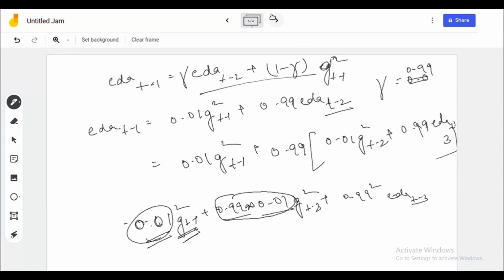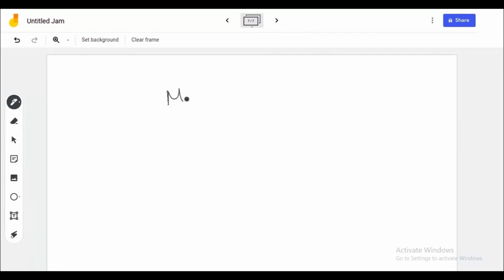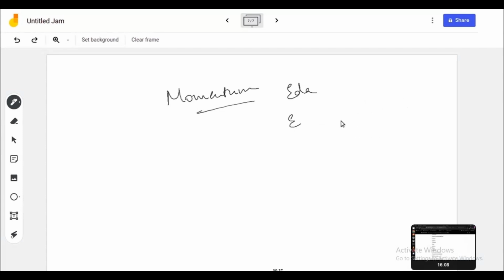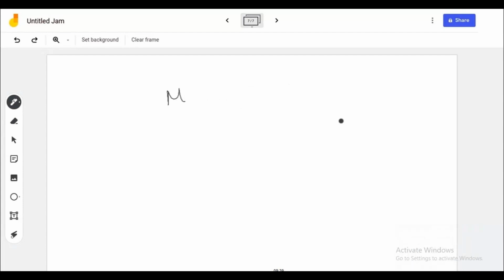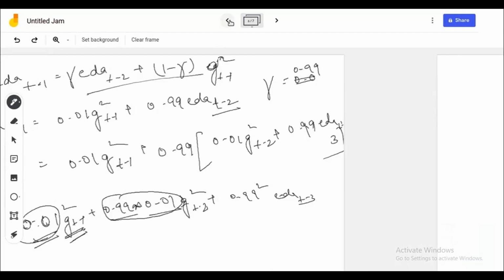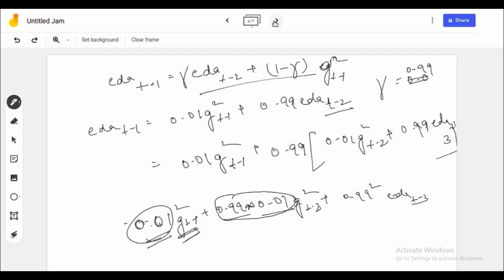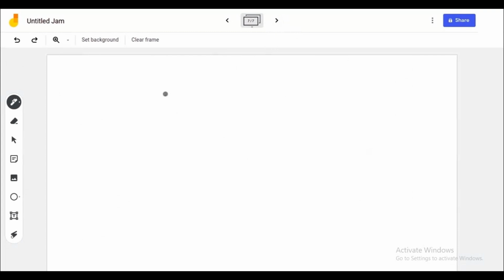So in one sense, this is kind of like the momentum term that we came across. And EDA is also known as exponential decaying average. So in one way, this is quite similar to the momentum.